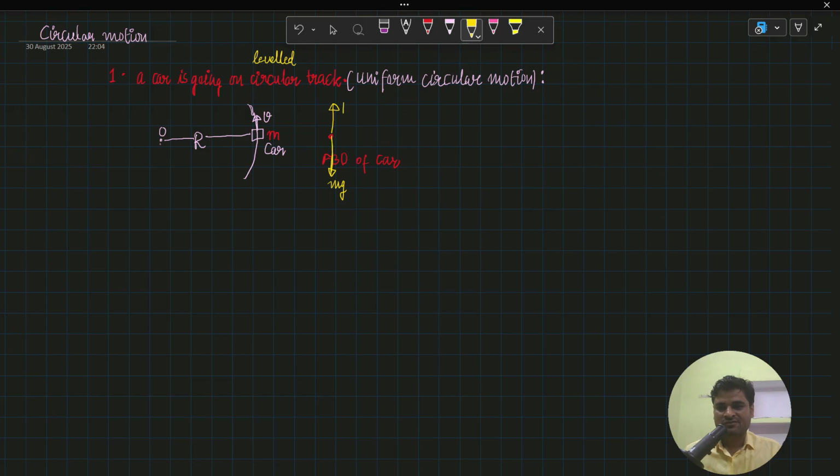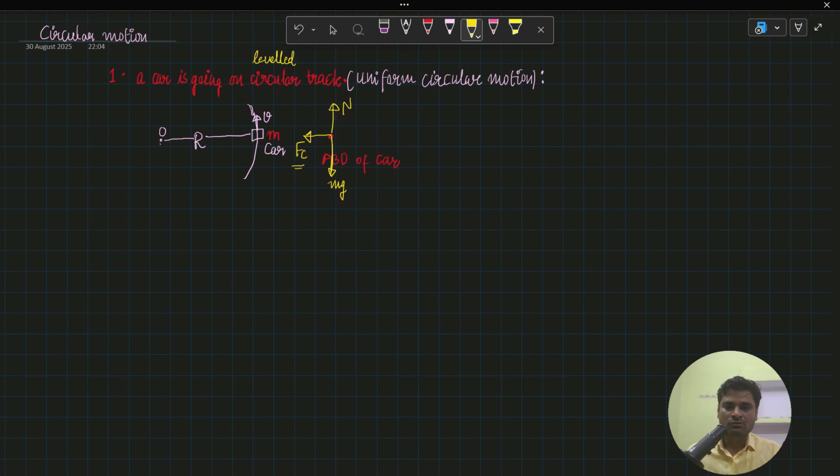So this is the normal force that will be acting on this car by the road, and since this car is going on the circular path, there will be a force, the centripetal force, and this force has to be supplied by a real force. What could this centripetal force be supplied by? What real force could apply this centripetal force?